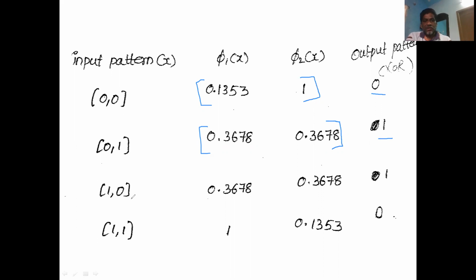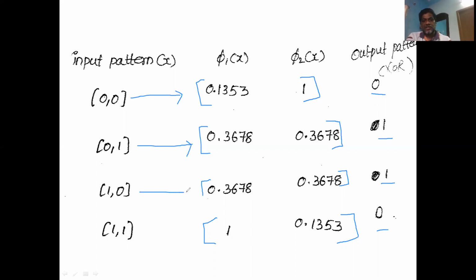Similarly, 1 comma 0 will be mapped to 0.3678 and 0.3678 with the output label 1. And finally, 1 comma 1 will be calculated as 1, 0.1353 with output label 0. Now, every input pattern is mapped to some high dimensional input space, something like this.